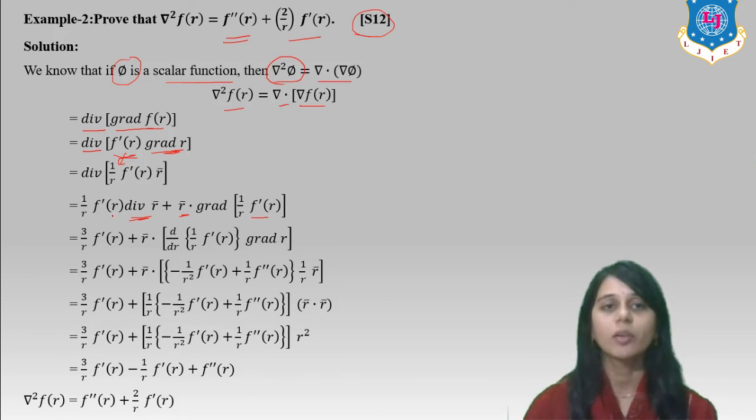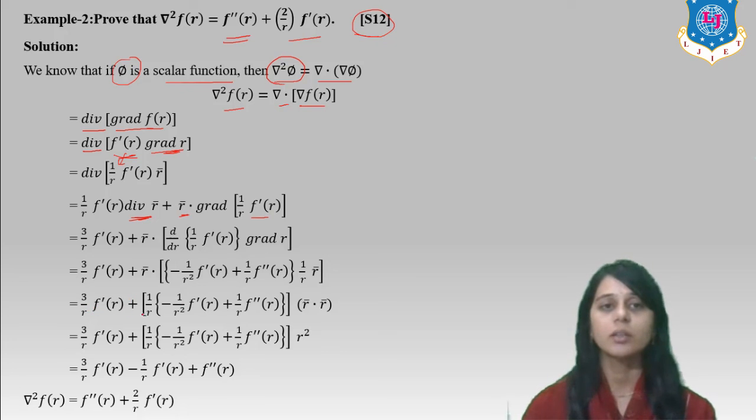Taking 3 by r f dash r, because the divergence of r bar is 3, plus r bar dot d by dr of 1 upon r f dash r, gradient of r. Take 3 by r f dash r plus r bar into minus 1 upon r square f dash r plus 1 upon r f double dash r into 1 upon r r bar.